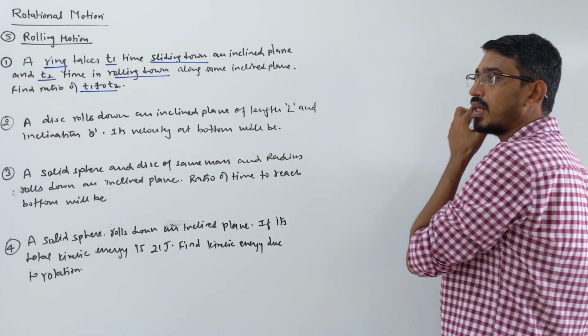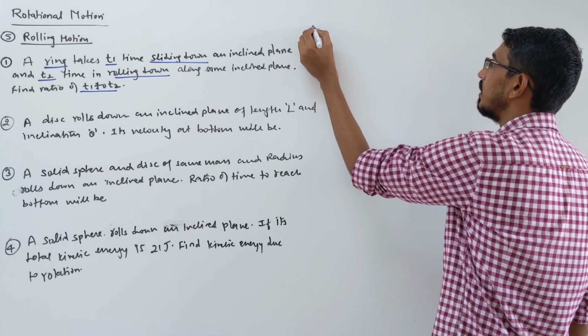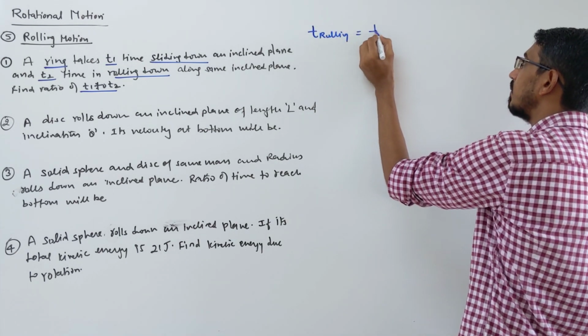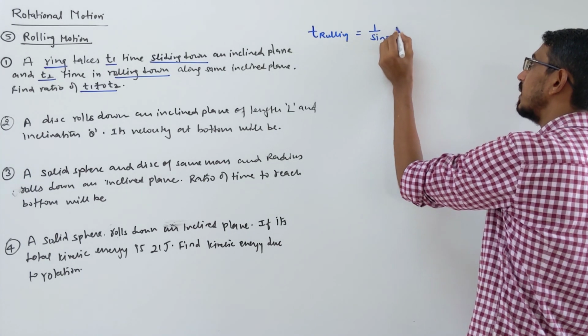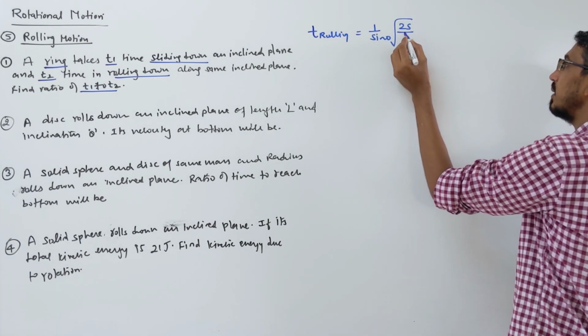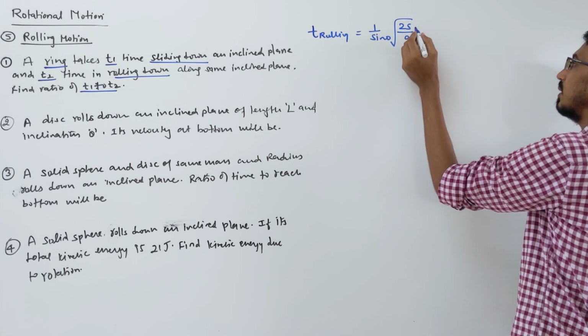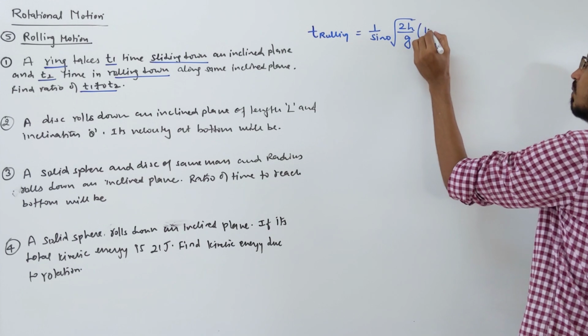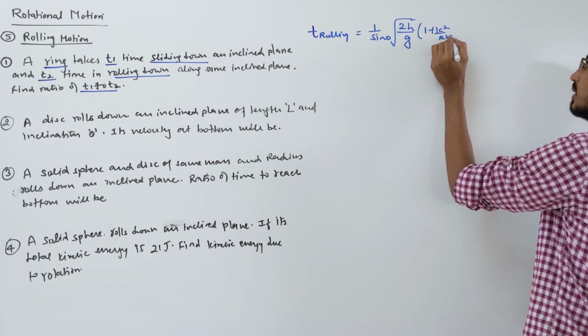Already I told you, we just wrote the time of rolling first: 1 by sine theta outside, and you can write 2s by g, or in terms of h, 2h by g, times 1 plus k square by r square.